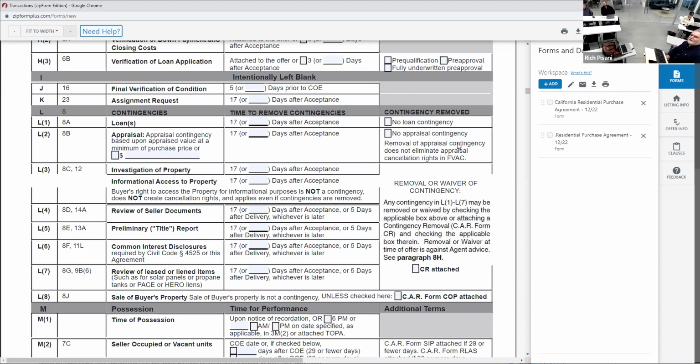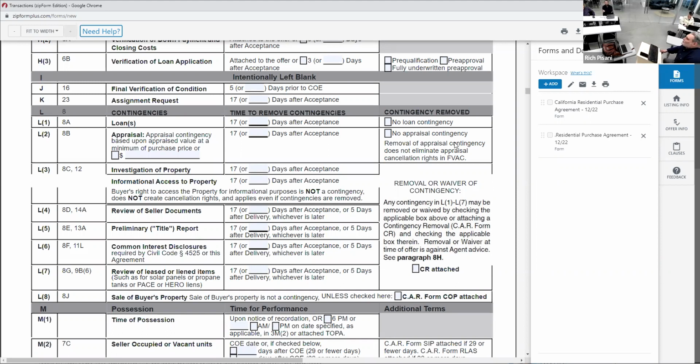But then there's this other thing here: appraisal contingency based on appraised value at minimum of purchase price, or there's a little checkbox and then there's a blank there.